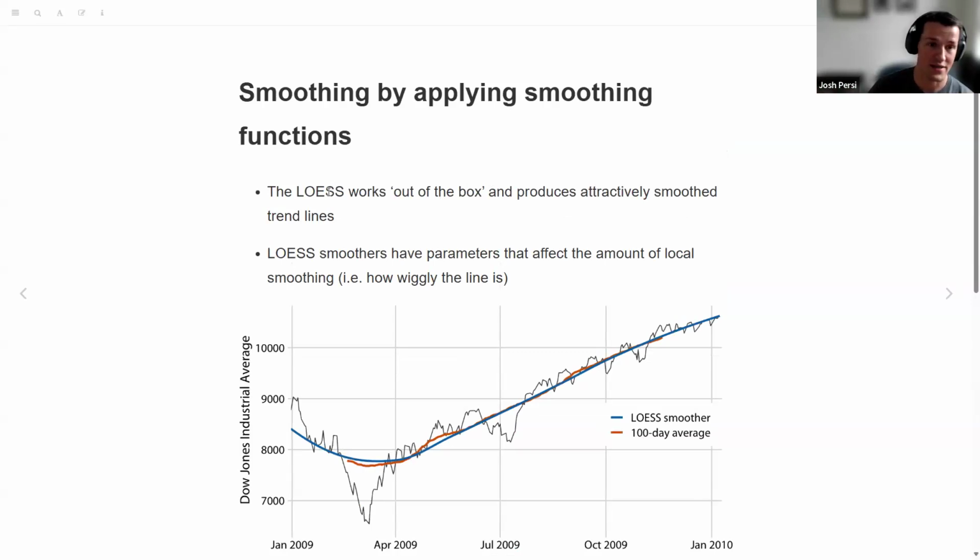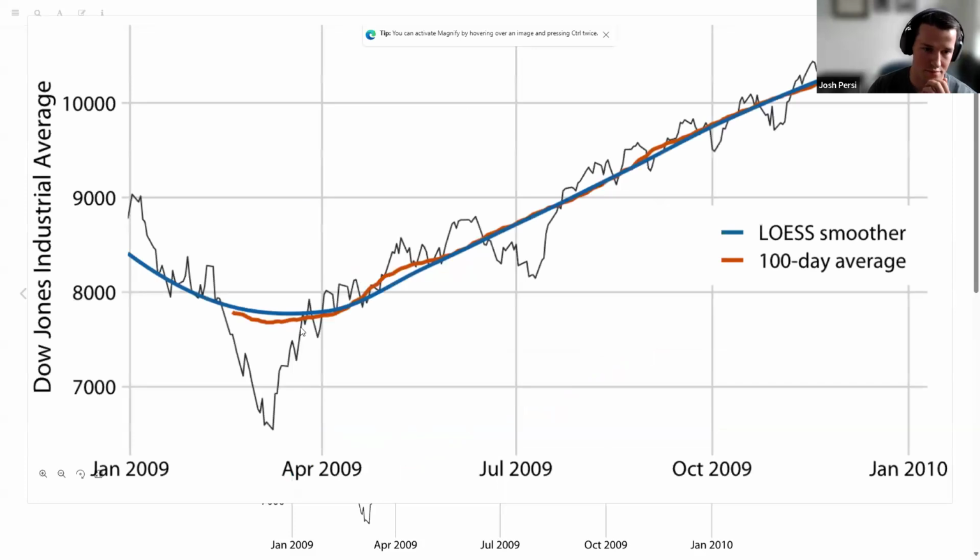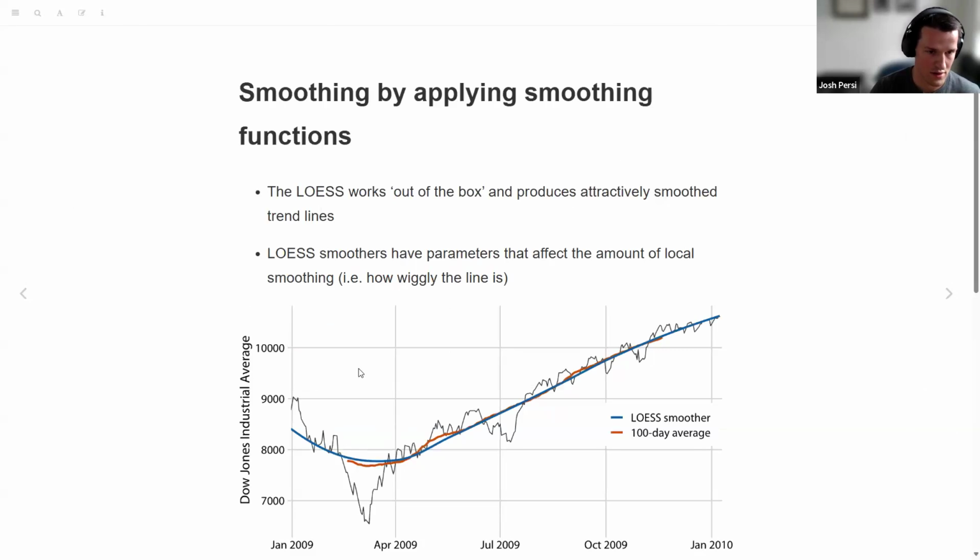I don't know if that's correct, but the local, I forget what it stands for, the local something estimation smoothing. I can't quite remember the acronym, but it basically fits a bunch of local low level polynomials, I believe is the term used in the book, to your line, creating this smooth look.